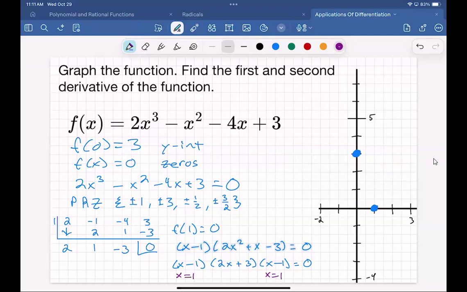That's called multiplicity, though, and we'll talk about that in a second when I go graph it, because it occurs twice. This second factor is going to be negative 3 halves. So we actually now have another point that we can plug in to our graph. Right about here.